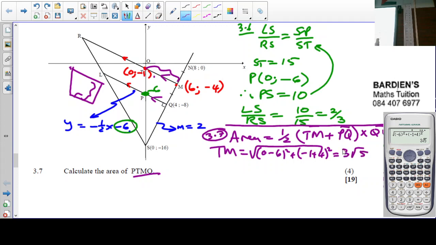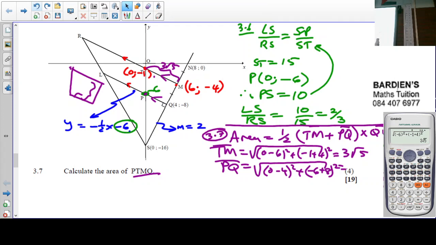So that's going to be 3 root 5. Remember, now I need that length here as well. So PQ equals the square root of 0 minus 4 squared plus negative 6 minus 8 squared, so positive 8 squared.